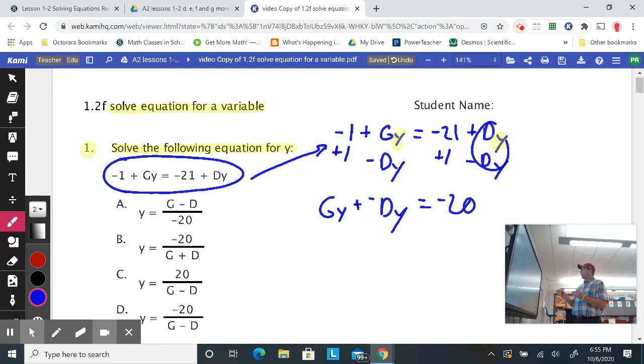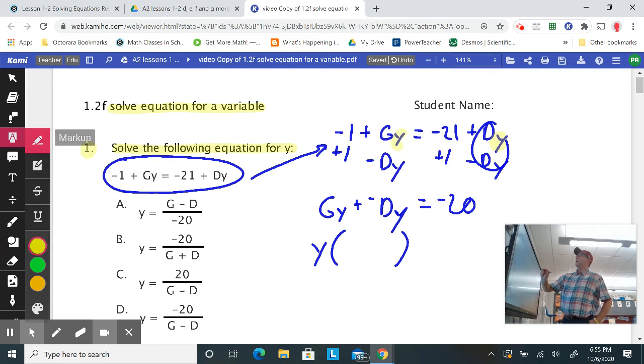I have two terms on the left side with y's in them, gy and dy. Now I can use the factoring method you learned in Algebra 1. I'm going to factor out a y from the left side. So if I take out the y, let me highlight again the y's, this y here and this y here.